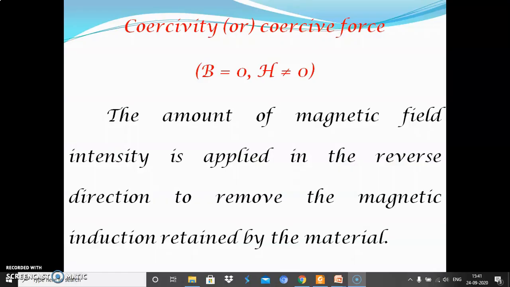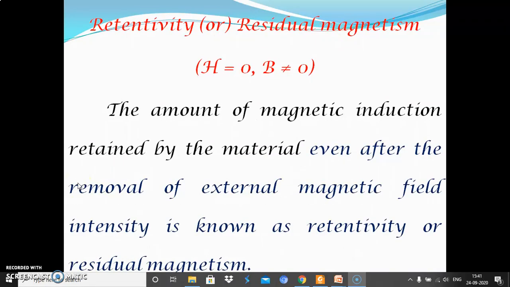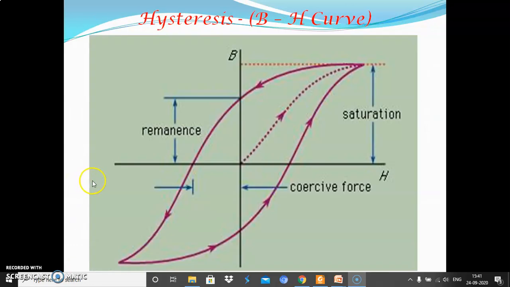Okay, next topic is the B-H curve, or hysteresis. So what is hysteresis? This is the graph plotted between the applied magnetic field and the magnetic induction or magnetization induced in the material.